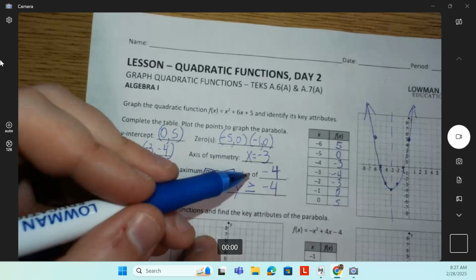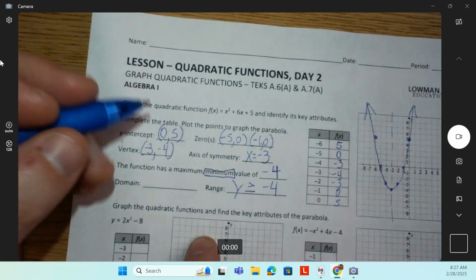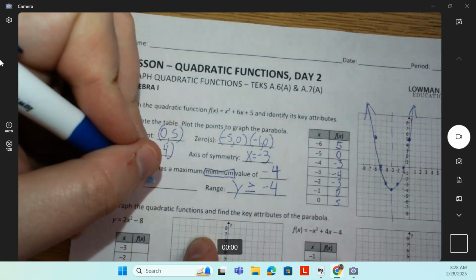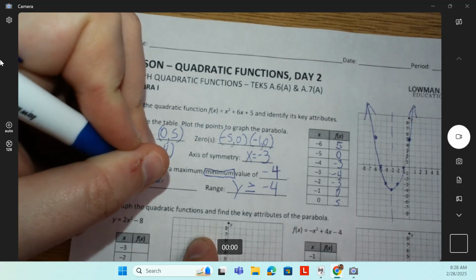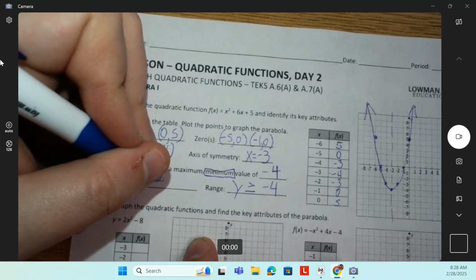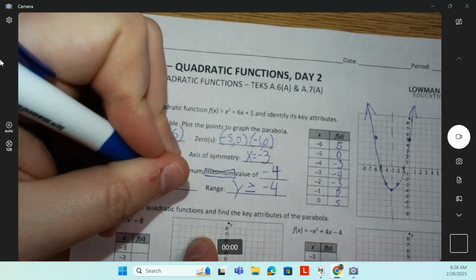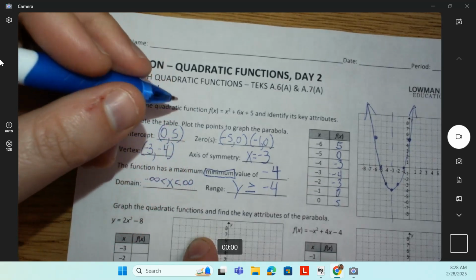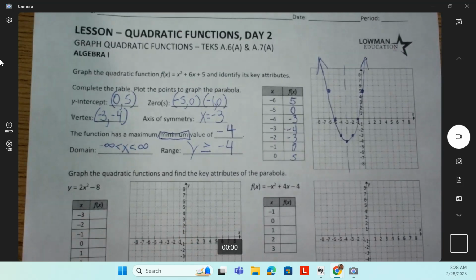So minimum is going to give you greater than or equal to. Maximum would give you less than or equal to. And then my domain, again, is all real numbers, or let's write it as x is greater than negative infinity and less than infinity, just so that we remember you can see that either way, and it's going to be the same thing.